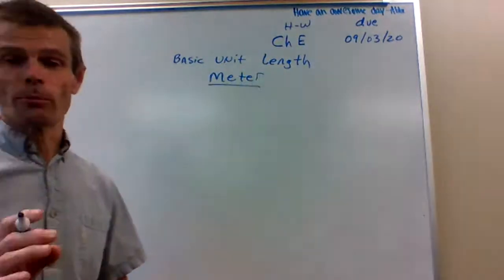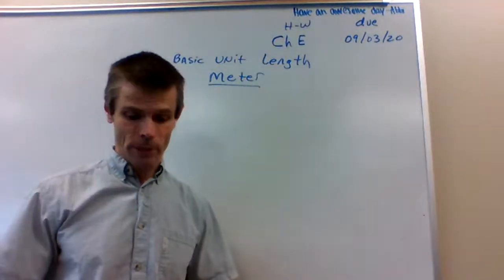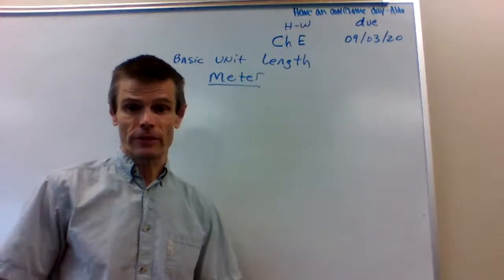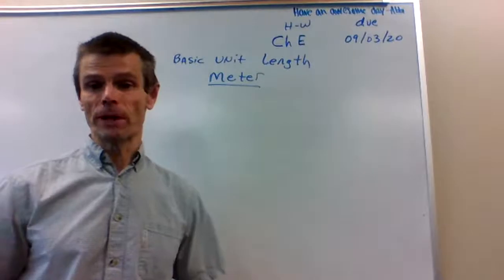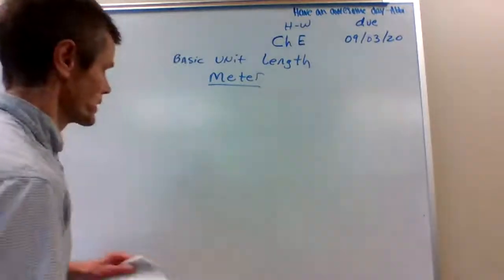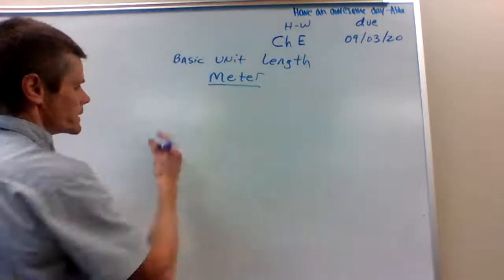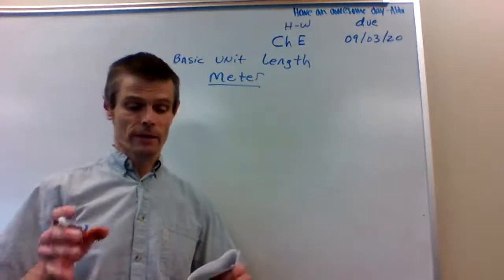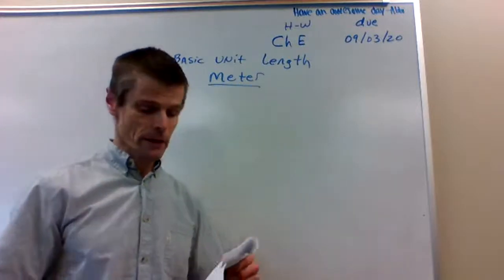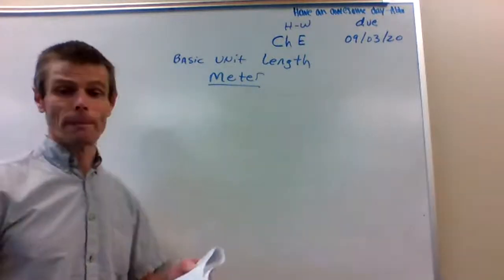And let's look at our mnemonic to help us understand how we represent values of the meter based upon decimal placement. It's: King Henry died unexpectedly drinking chocolate milk Monday night.